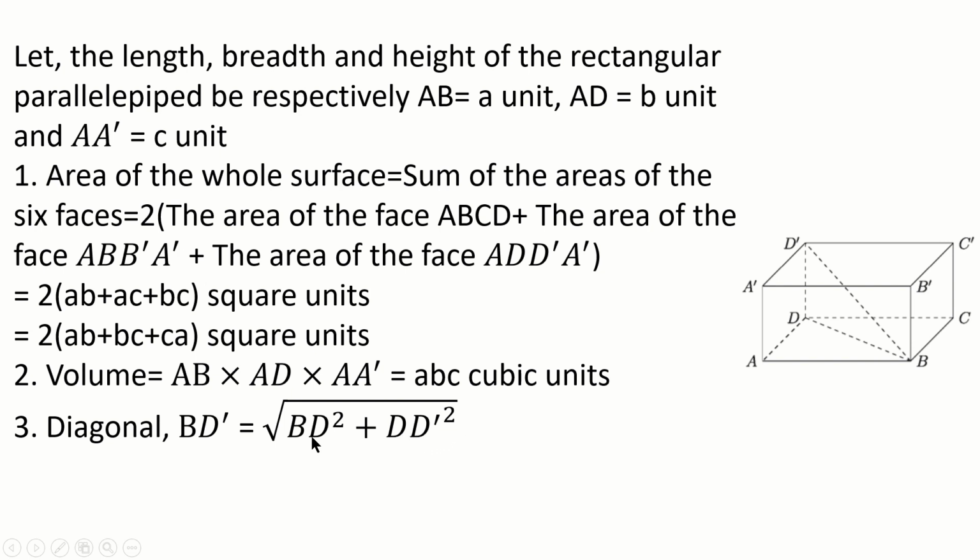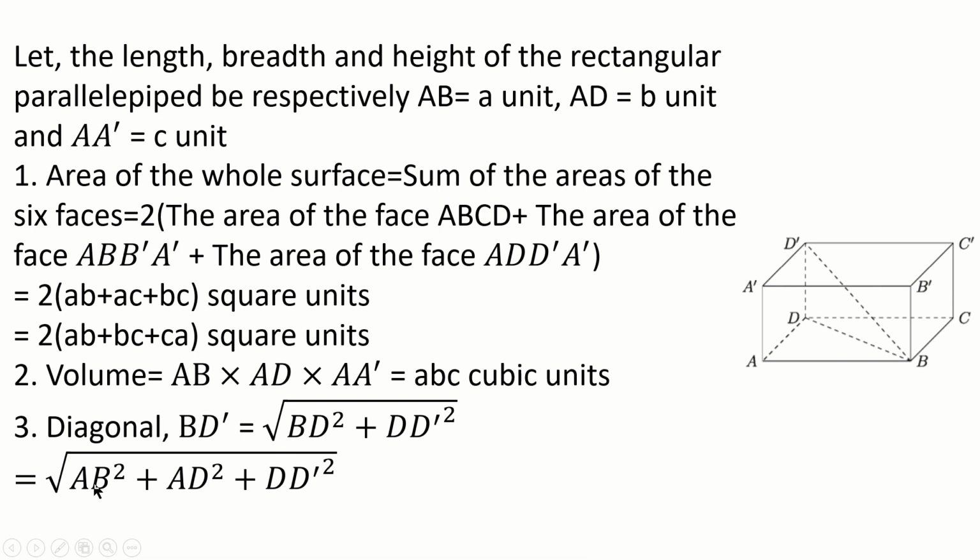But BD is the hypotenuse of the bottom surface, so BD square equals AB square plus AD square, and plus D prime square.